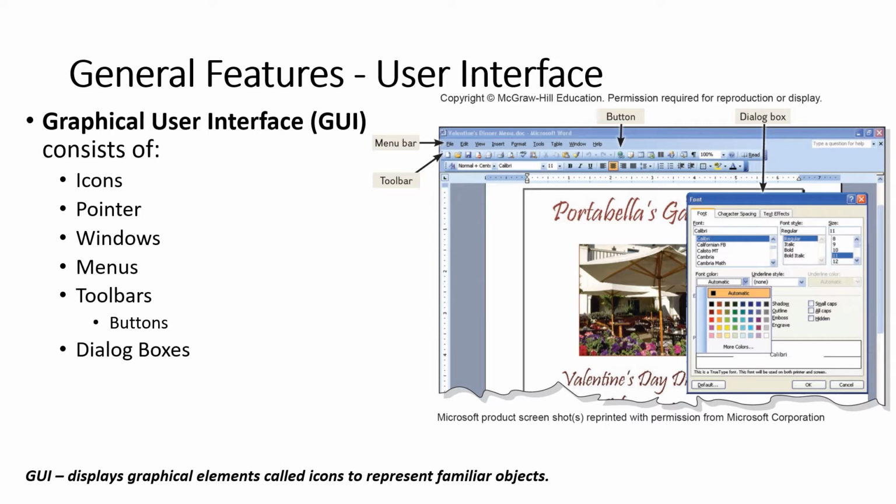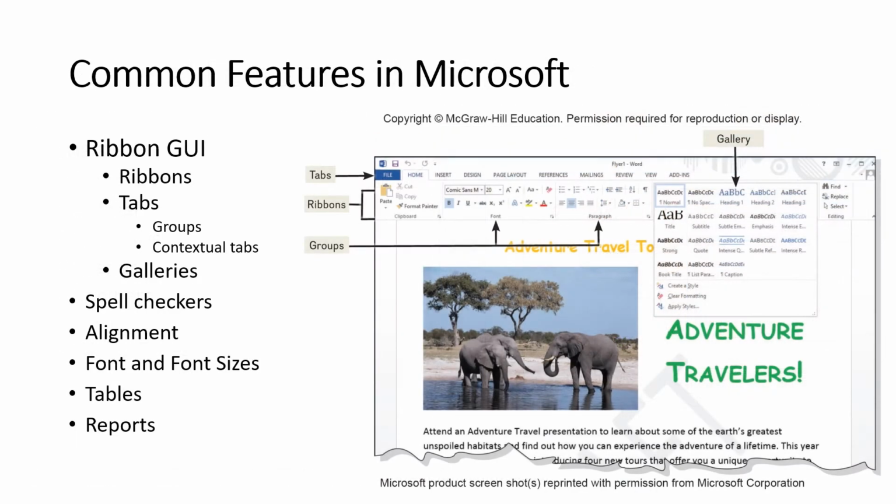Generally, they have icons, pointer, windows, menus, and in Microsoft products especially, they have standard GUI like tabs, ribbons, groups, galleries, as shown in the figure in this slide.